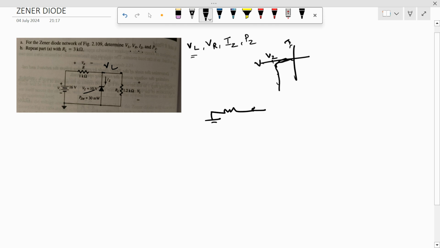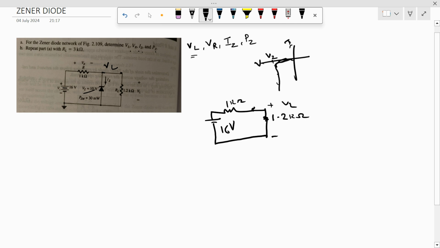We just leave the Zener diode like that and complete the other parts like this. And this is 16 volt, this is 1 kilo ohm, and this is 1.2 kilo ohm, right? So this will be the VL.